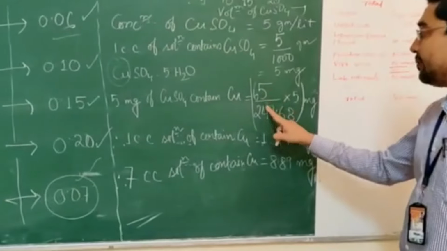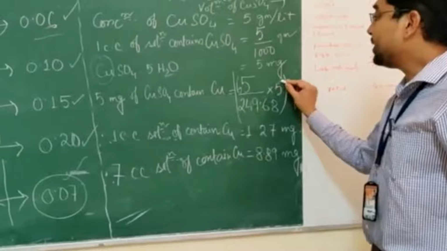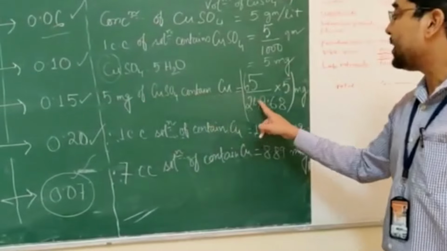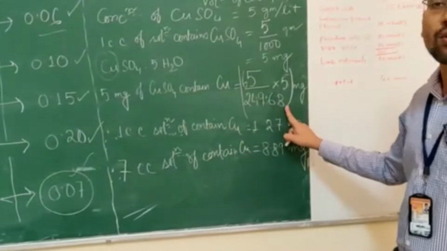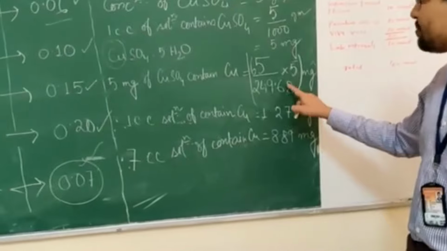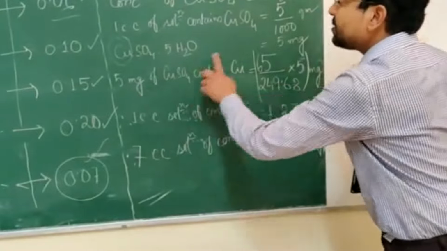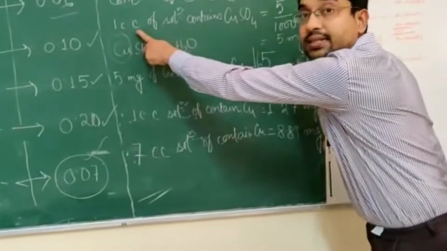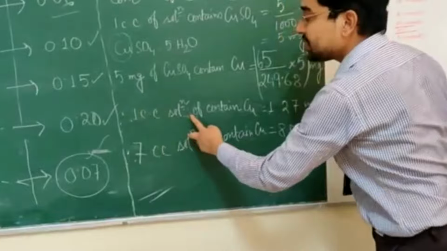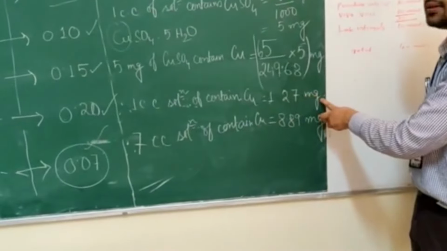So 65 divided by 249 multiplied by 5 milligram. So 5 milligram contains this much amount of copper, that is equal to 1.27. So 1 cc solution will contain copper equal to 1.27 mg.